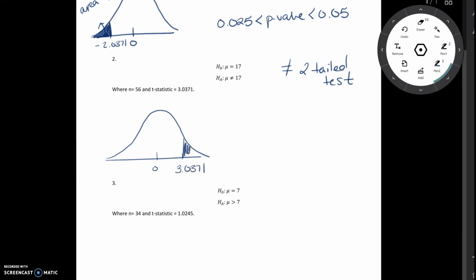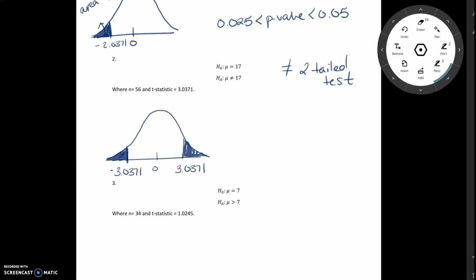So I'm interested in the area above it, but then applying symmetry, since it's a two-tailed test, I'm also interested in the area below the negative value. This shaded area is equal to the p-value.